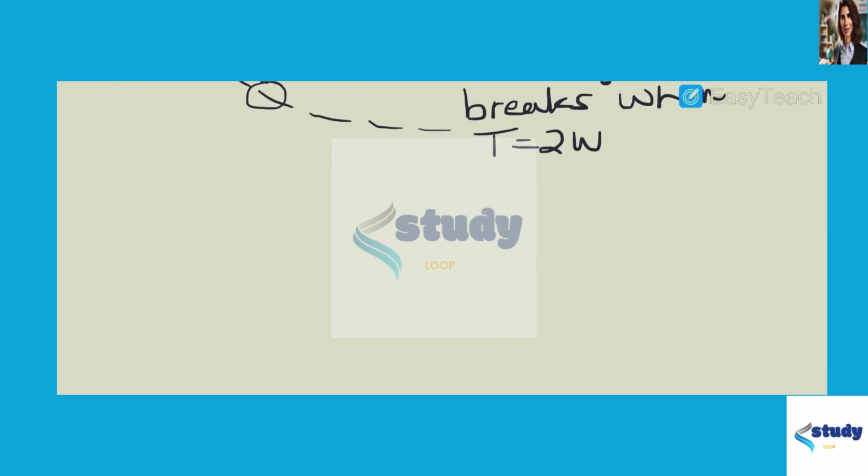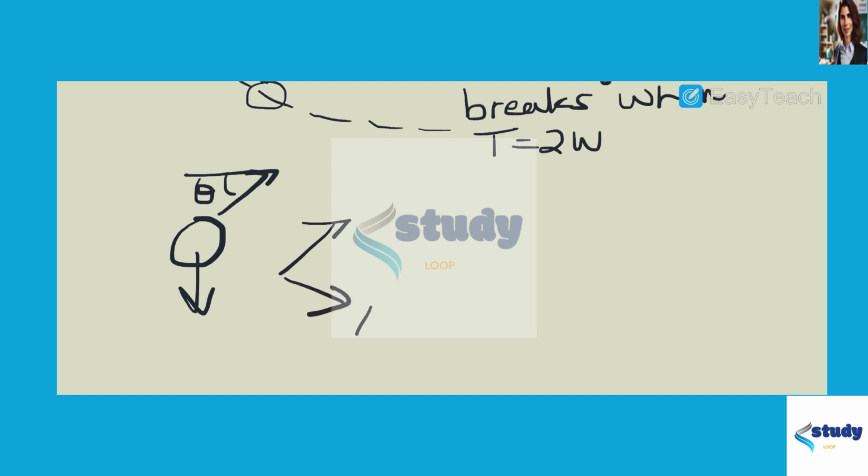So what we're going to do is draw a free body diagram for this mass at a point theta. So here's the mass shown here. Here is the force due to tension, and here's the force due to the weight. This is the angle theta. And for our coordinate systems, we're going to choose a normal and tangential coordinate system. So here's the tangential and here's the normal, just because we're dealing with circular motion.